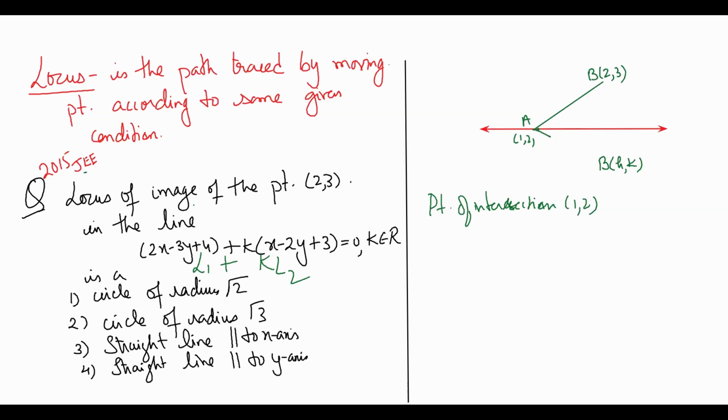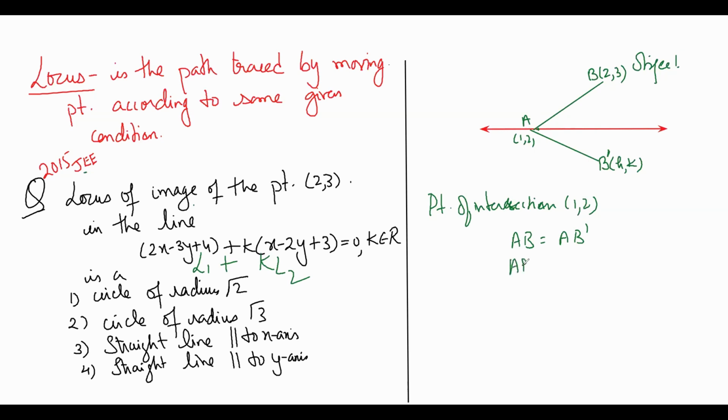From this diagram, the object is here, B, and the image is B dash, and this is the mirror image of AB. So AB must be equal to AB dash. This is the condition, and it is the distance formula between A and B and between A and B dash.